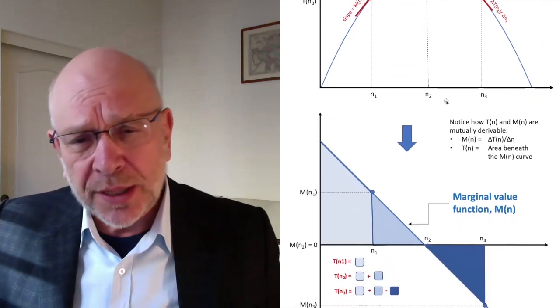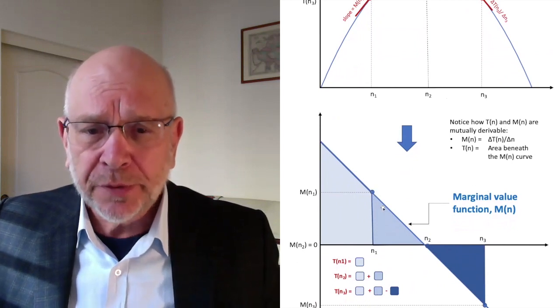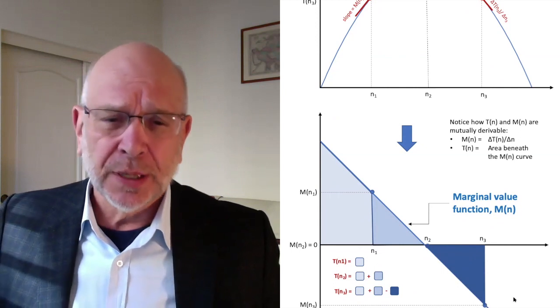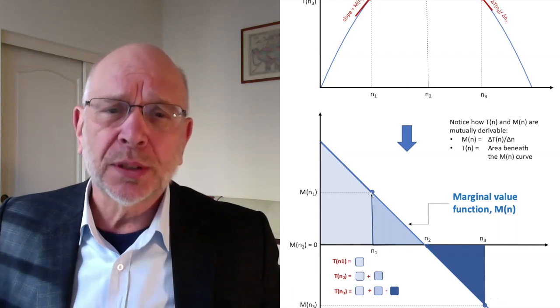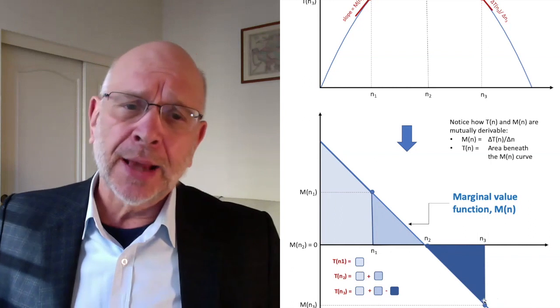And so we see that same relationship here. At n1, it's positive. At n2, it's 0. And at n3, it's negative. And it's negative to the same extent that n1 was positive, again reflecting the symmetry here.